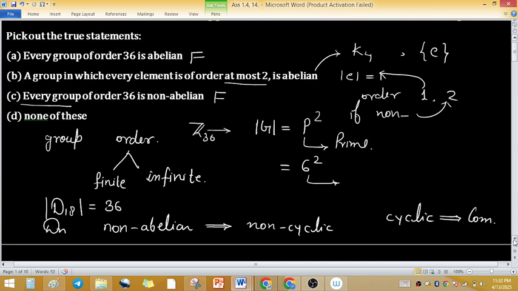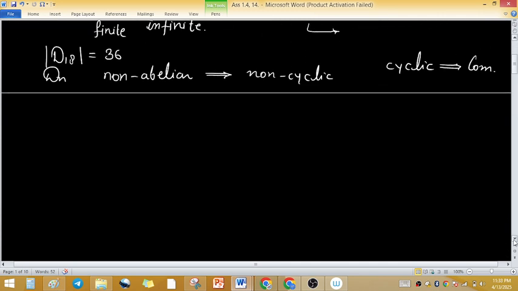Let's say A and B are both elements of a group. Then by closure, the product of these is again in the group. Now consider that a non-identity element is of order 2.